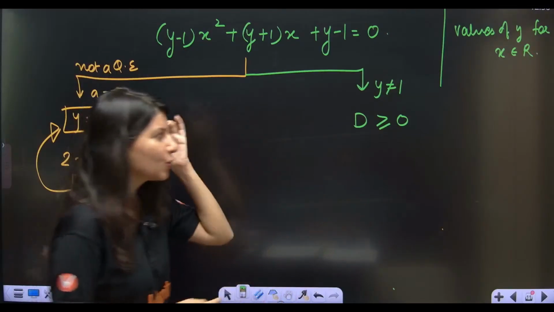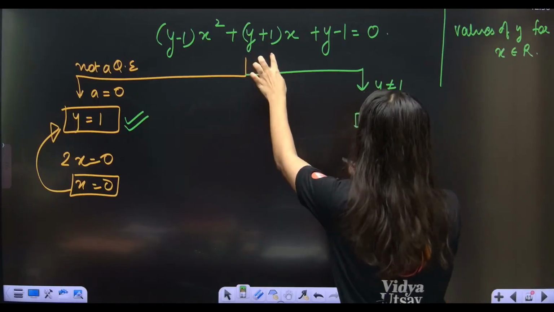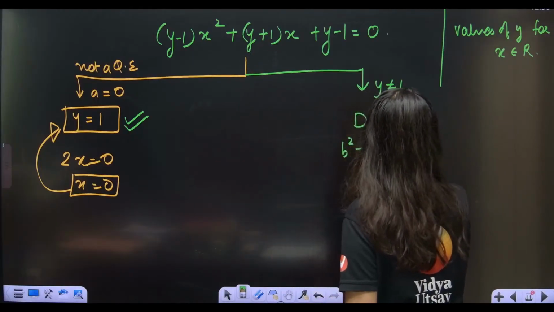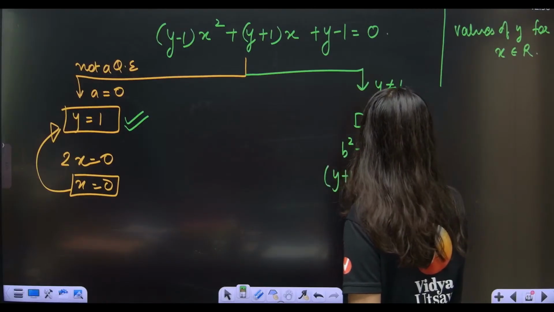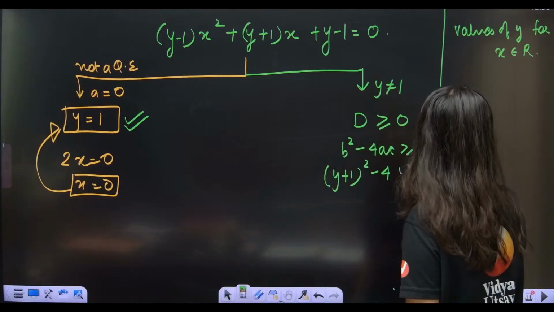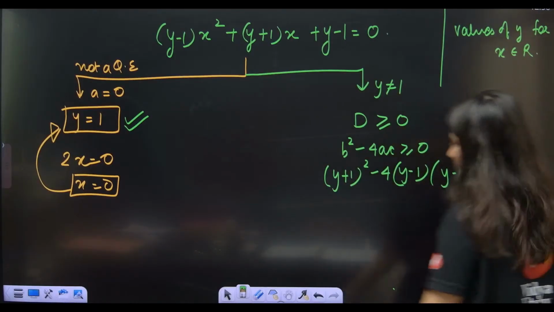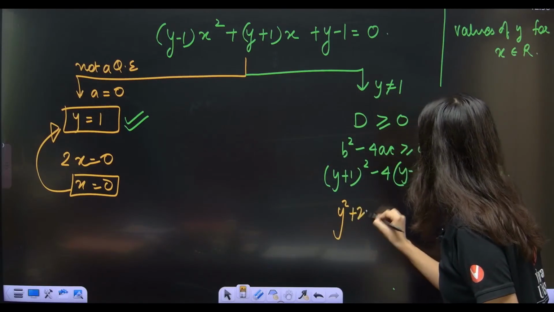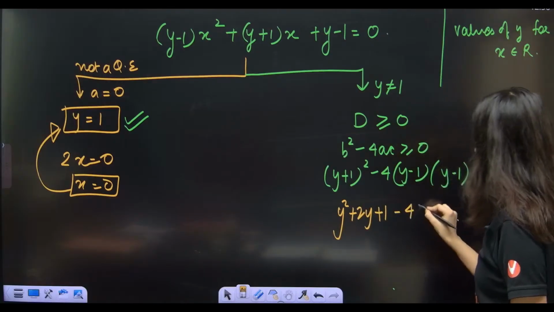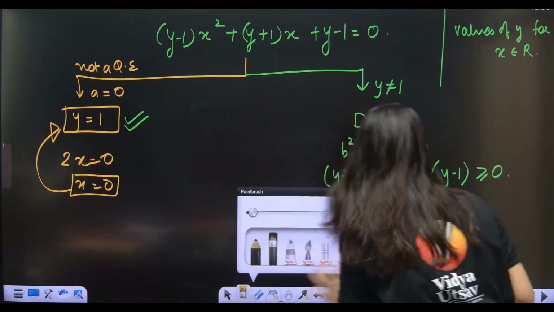Hold on, let me show you. So discriminant greater than or equal to 0. So b square minus 4ac greater than or equal to 0. So b square is (y plus 1) whole square minus 4 into a, and this is your c. Okay everybody? Yes. Now y square plus 2y plus 1 minus 4y square plus 4 greater than or equal to 0.